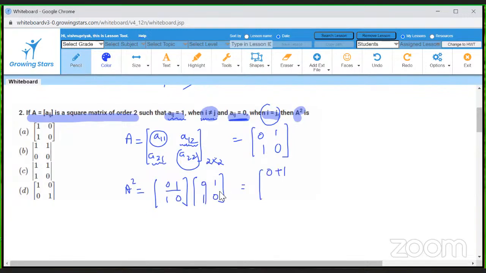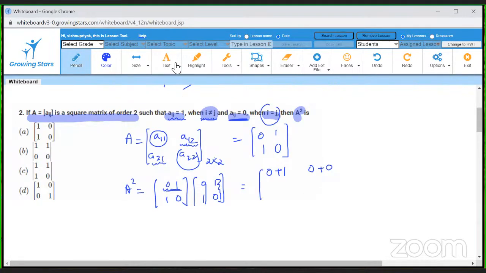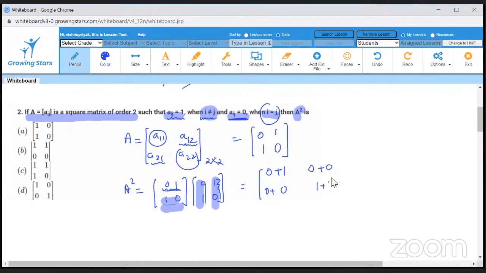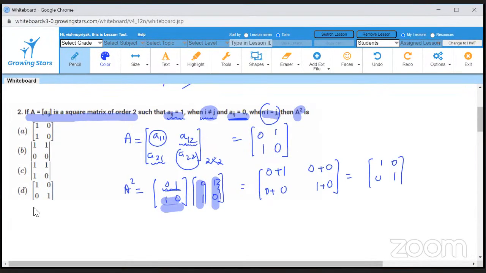First row, second column: 0 into 1 plus 1 into 0. Second row, first column: 1 into 0, 0 into 1. Second row, second column: 1 into 1, 0 into 0. So 1, 0, 0, 1. That is option D.